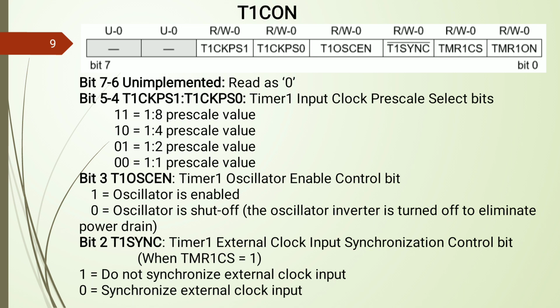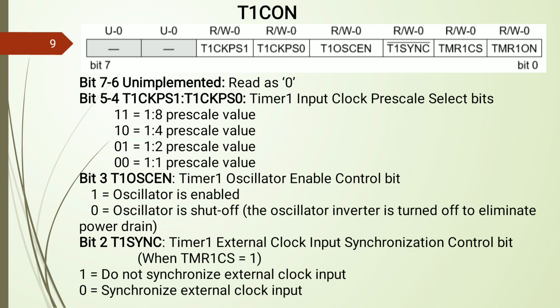Here timer 1 is capable of selecting a maximum prescaler ratio of 1:8, that is 1:1, 1:2, 1:4 and 1:8. So here a total of 4 combinations are there, and only 2 bits are required to generate these 4 combinations, that is 00, 01, 10 and 11. According to that combination, we select the prescaler value.